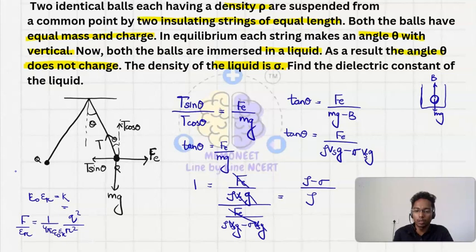So this is equal to 1 upon epsilon r. So the epsilon r value will be rho upon rho minus sigma. So this is the answer here.